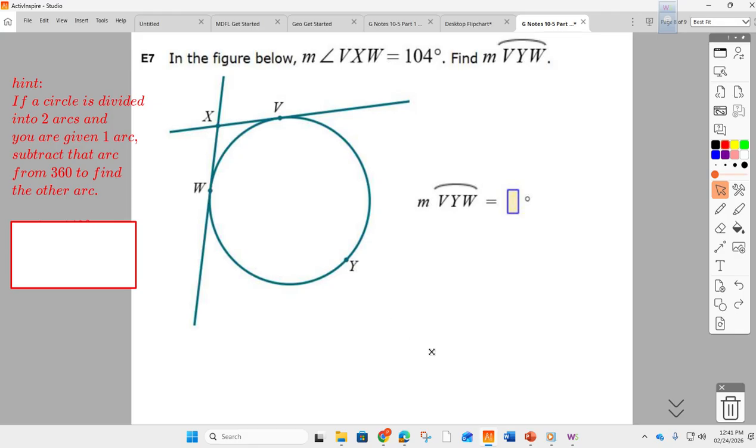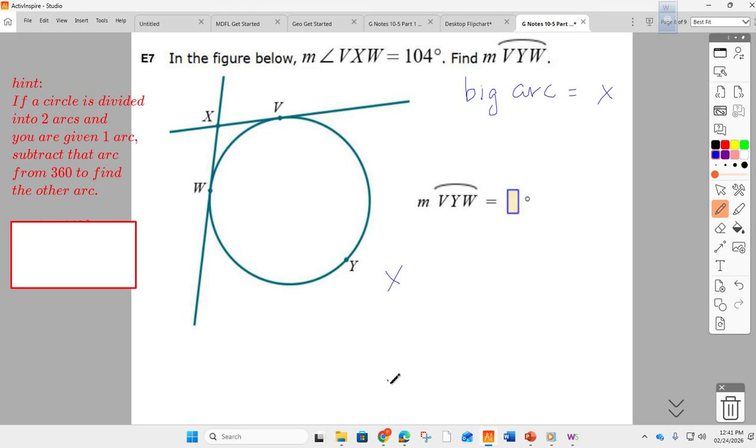Well, even with no arc, we can do that. We know the total circle is 360 degrees, right? So we're going to call the big arc, we don't know its measure, x. So we're going to put x here.